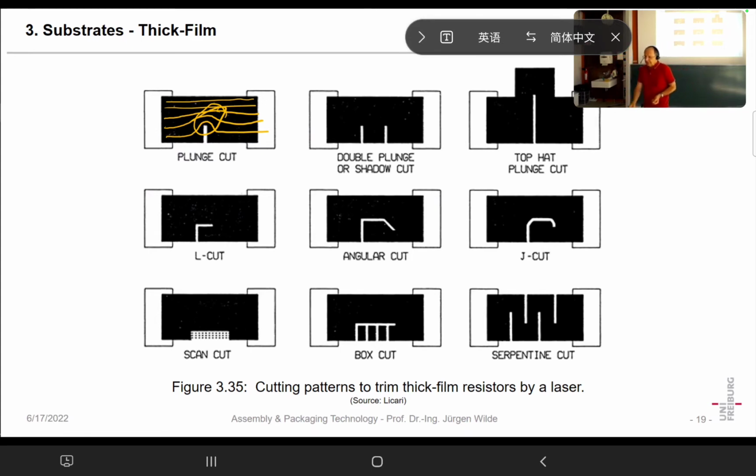And in that way, people worked out different patterns. And if you want to have a really high resistance, you can make such a serpentine pattern. And in that way, you make your conductor narrower and longer. And in that way, you can increase the resistance significantly more than 10%. Okay, so that's important.